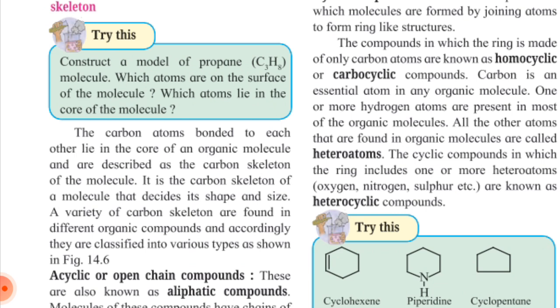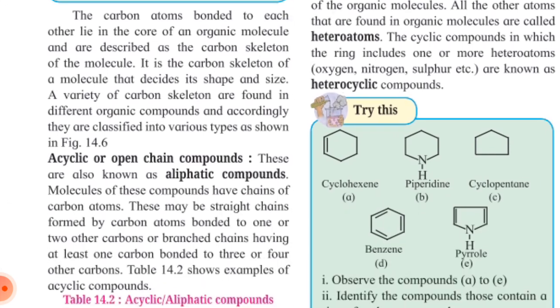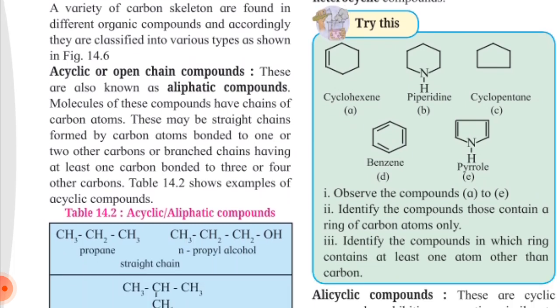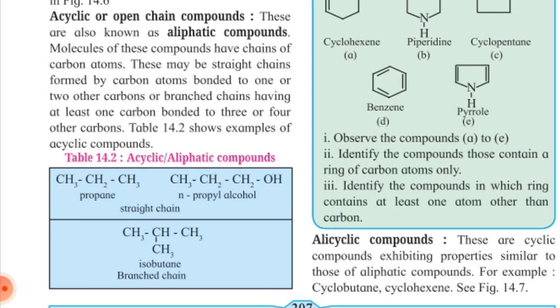A variety of carbon skeletons are found in different organic compounds, and accordingly they are classified into various types as shown in figure 14.6. Acyclic or open chain compounds are also known as aliphatic compounds. Molecules of these compounds have a chain of carbon atoms.